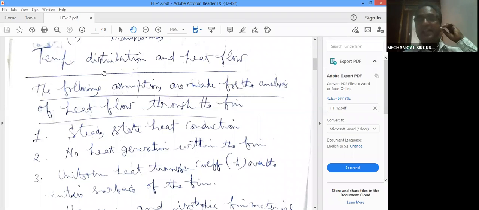How do you calculate heat transfer rate and heat flow? So the temperature distribution equation and the heat transfer rate equation Q are to be derived for three different cases here. There are three different types of fins. What are those? We'll discuss one by one.